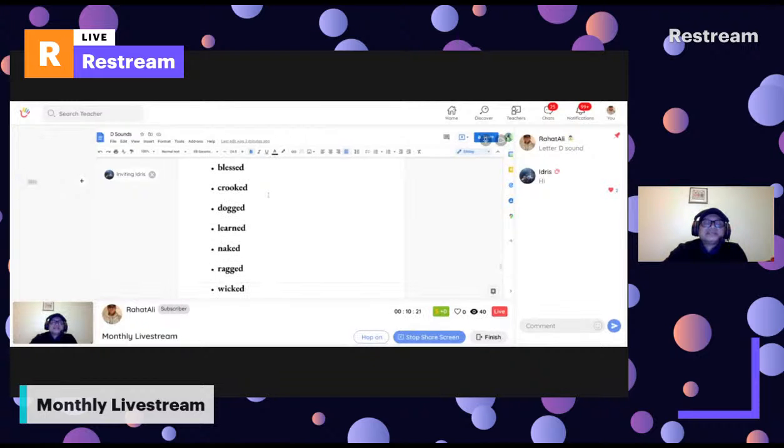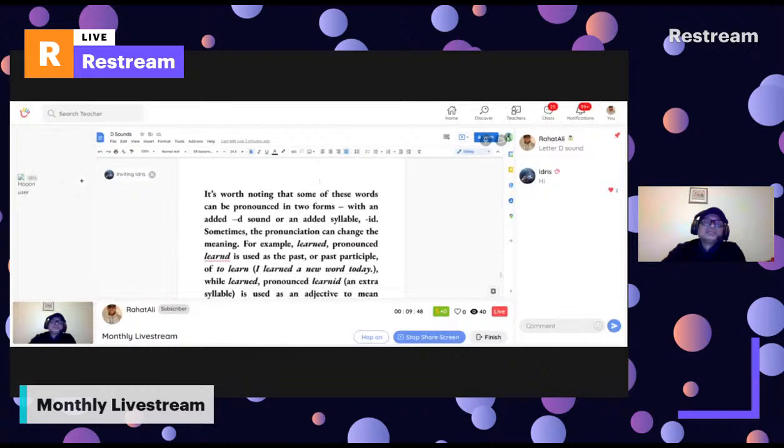Similarly, naked, ragged, wicked, wretched, rather than wretched. Wretched, adjective. So we have to remember these words when we use them as an adjective, the ID should be pronounced separately, clearly, distinctively.